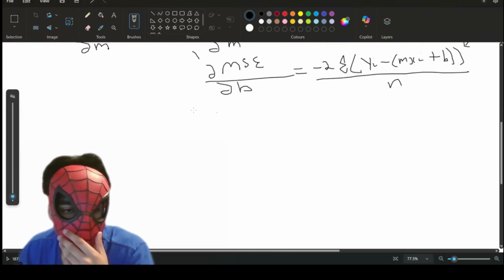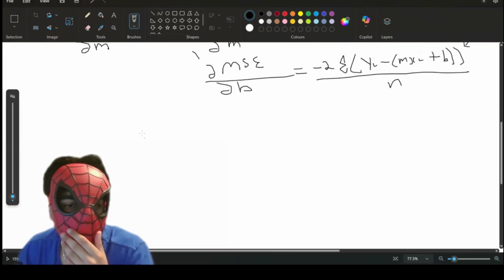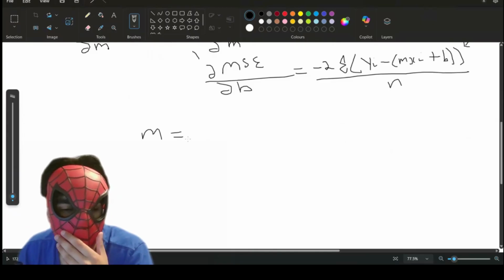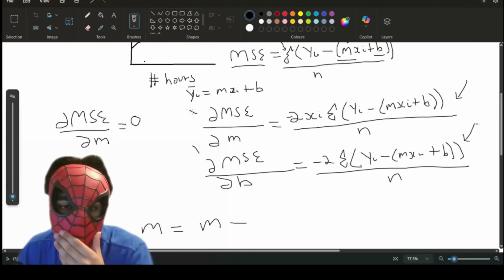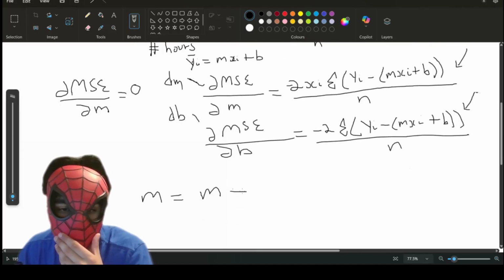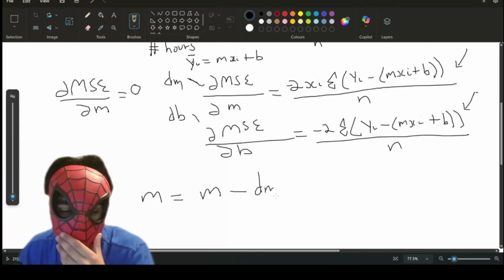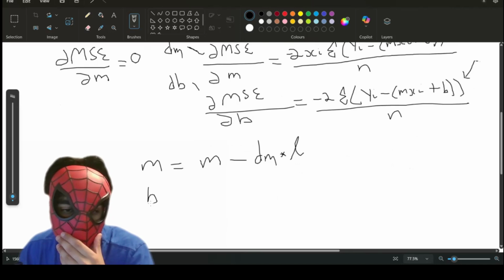So what we do in Python is we take our predicted slope and we decrement that slope. So we subtract from the slope, let's call this partial derivative dm and this partial derivative db. So you decrement the slope by dm times the learning rate. And we do the same thing for the y-intercept.